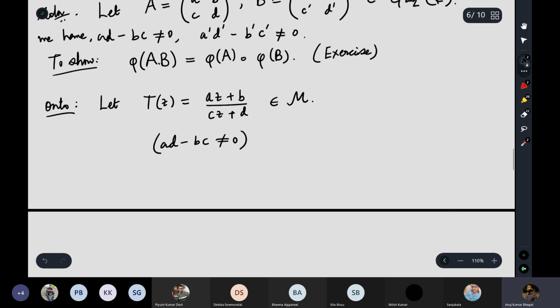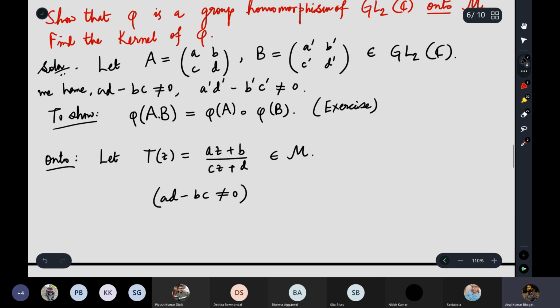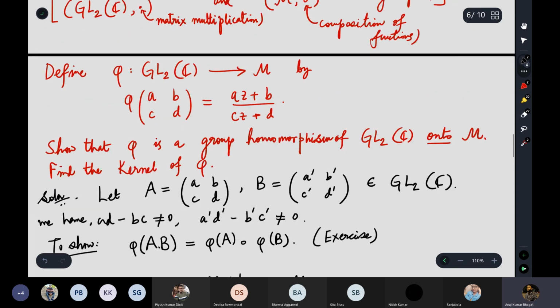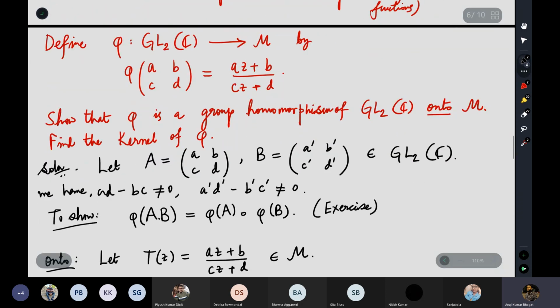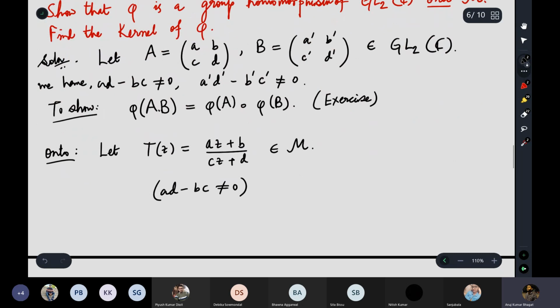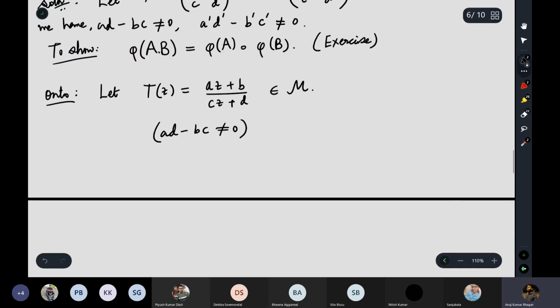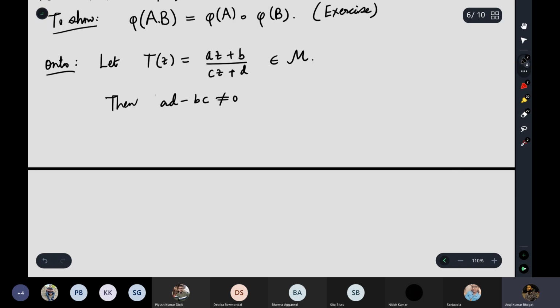So how to prove that this is onto? You pick up a member from the right hand side. On the right hand side we have a Mobius transformation. So I have picked up a Mobius transformation T from M. Then what I know is that if this is a Mobius transformation, then ad minus bc is non-zero.